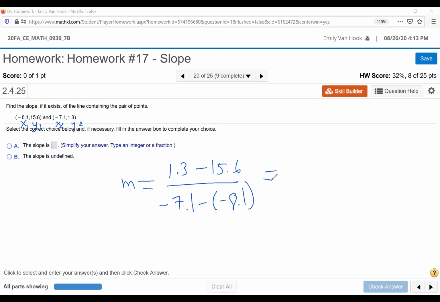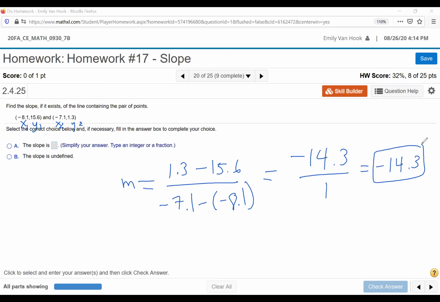Okay, 1.3 minus 15.6 is negative 14.3 over, and then negative 7.1 minus negative 8.1 is 1. So we're getting negative 14.3 over 1, which is just negative 14.3.